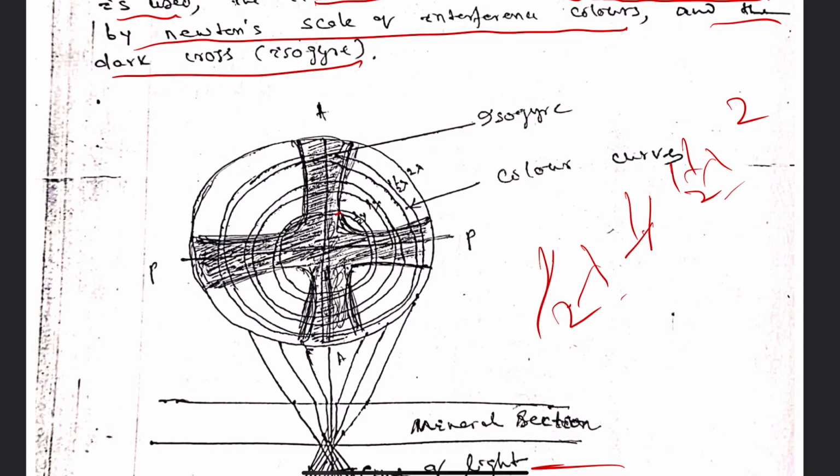This should be all colors, but it should be Newton scale of colors. If you use monochromatic light, then first will be color, then dark, color, dark rings. But in a polarizing microscope, we use white light, so we get Newton scale of interference colors with the maximum bright line in 45 degree position.